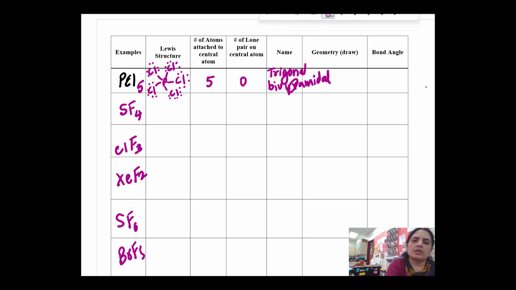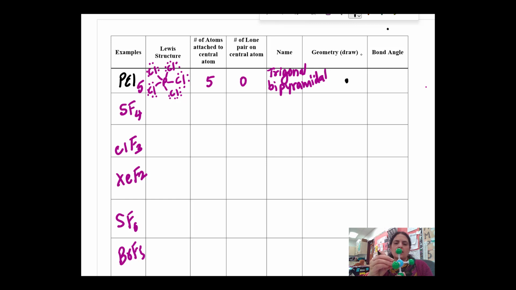Let me erase and rewrite that. To draw the shape, we have phosphorus in the center. Now this is the trigonal bipyramidal. See, if I'm holding the molecule, there's phosphorus in the center and 1, 2, 3, 4, 5 chlorine atoms.